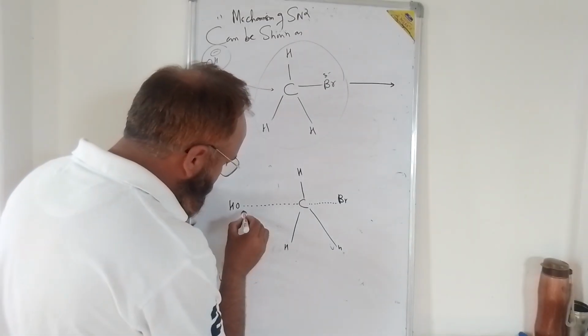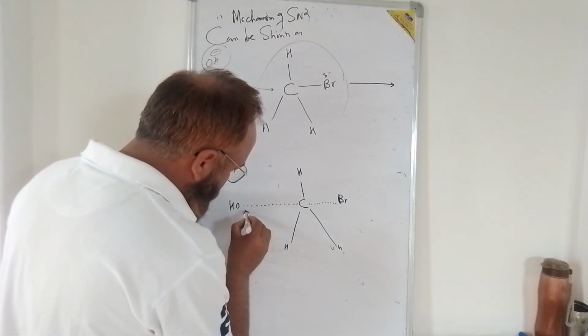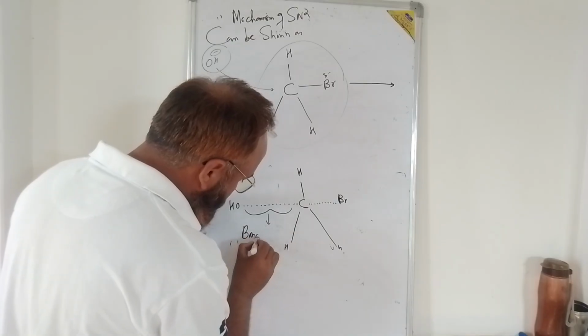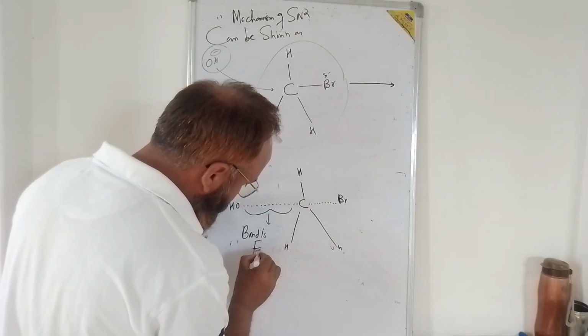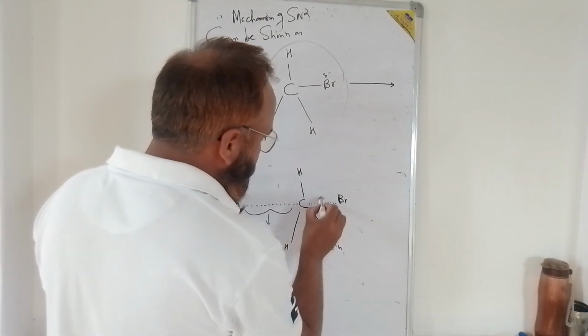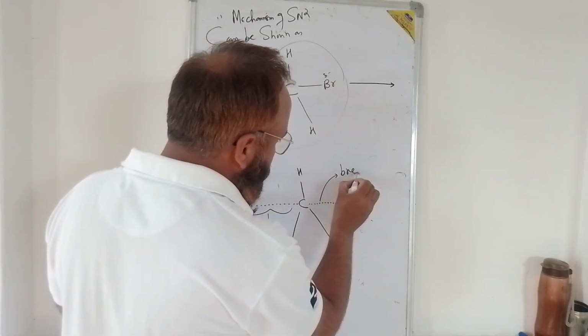Here I will show it in dotted form because the bond is being formed. Write down, bond is formed, and here breaking of the bond takes place.